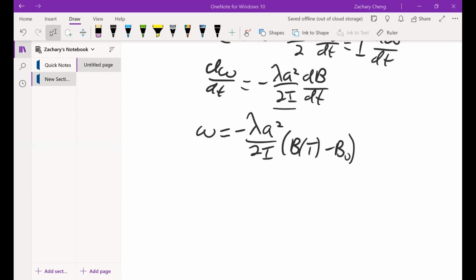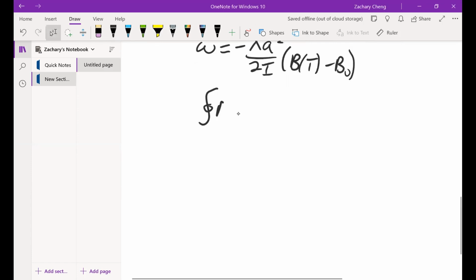To find this induced magnetic field, we use Ampere's law, which tells us that the integral of B prime, the induced magnetic field, dot dl is equal to mu 0 I, where I is the enclosed current. We already have I for the moment of inertia, so let's call this mu 0 I enclosed.